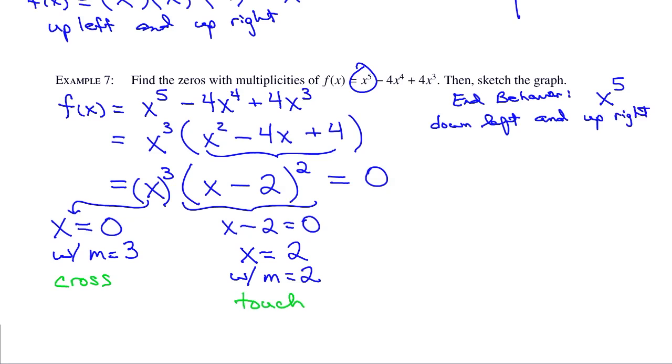Let's make a sketch. We have two distinct x-intercepts. We have one at 0, and we have one at 2. We have an end behavior on the left that is down.